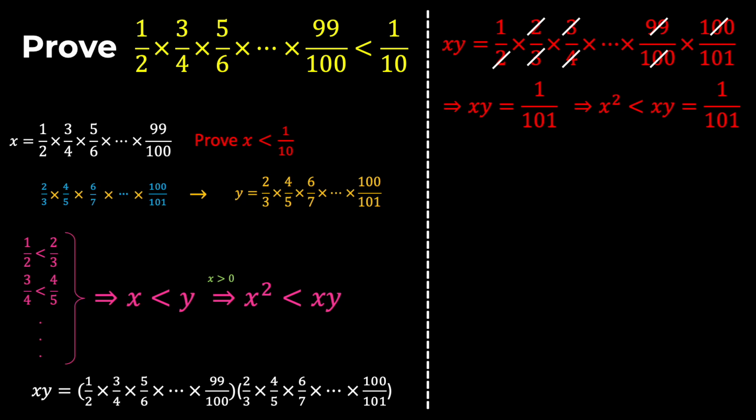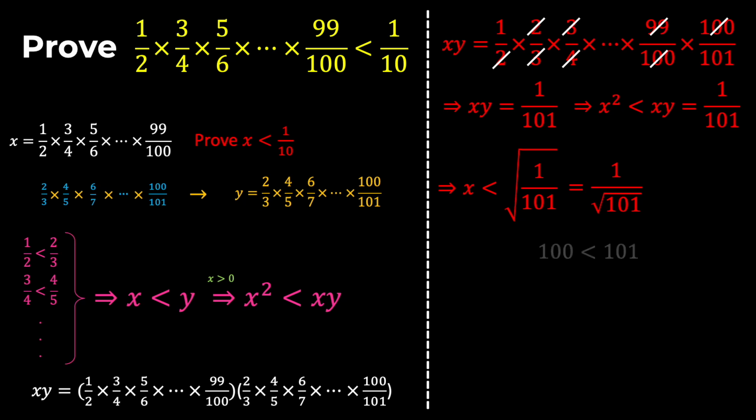Now, if I take the square root of both sides, I will have x is less than the square root of 1 over 101, which is the same thing as 1 over root 101. Now, in order to prove the inequality, I need to talk about the square root of 101.